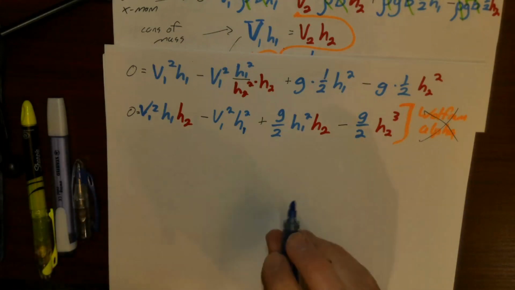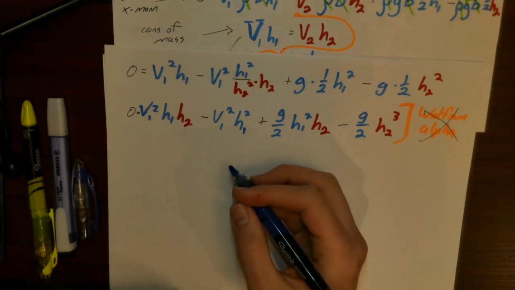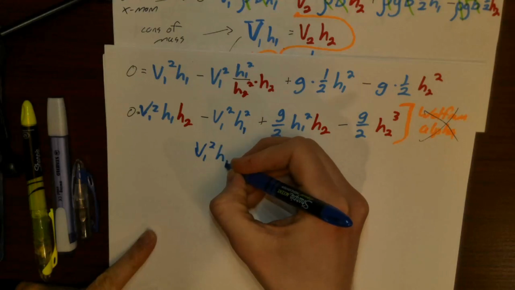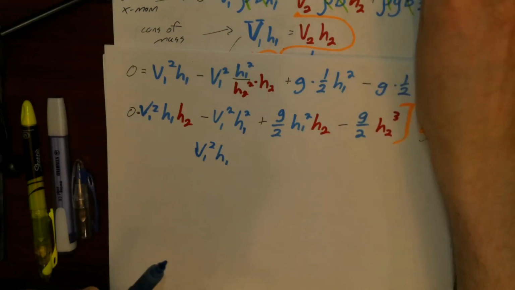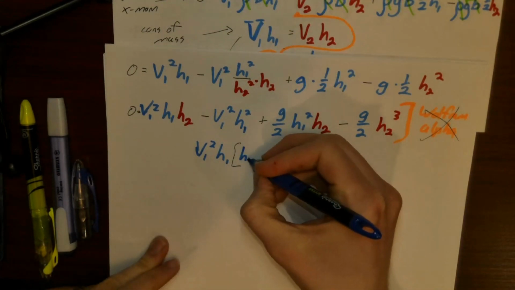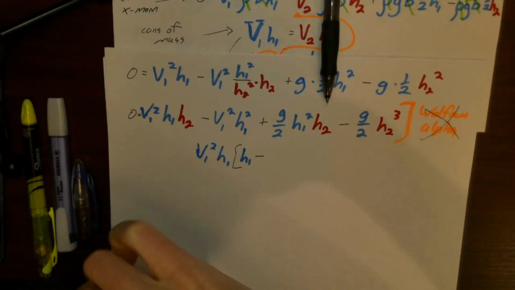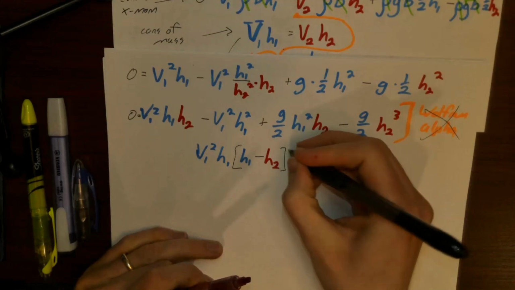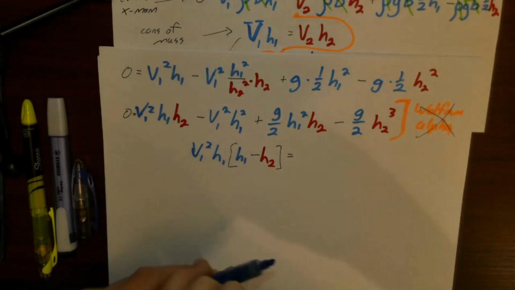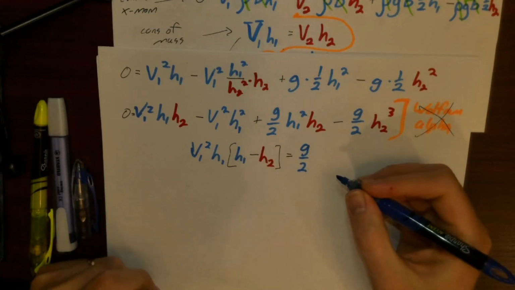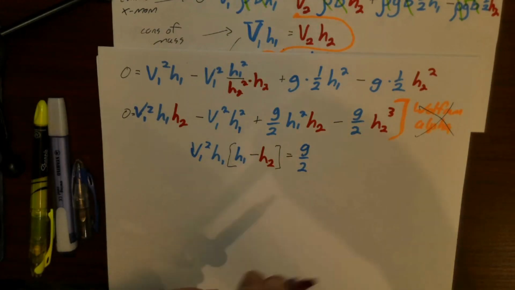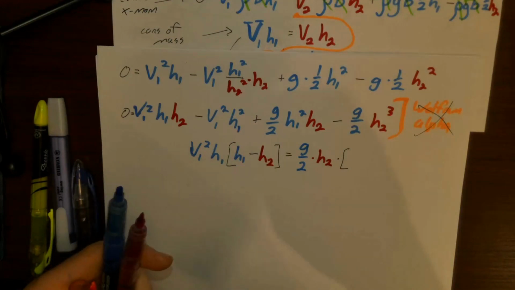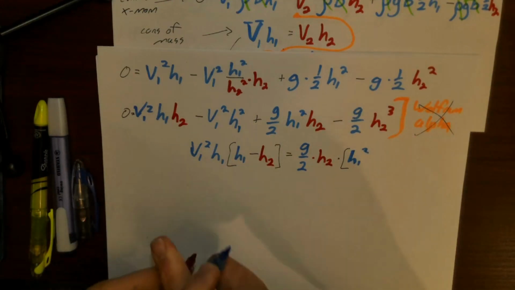And if you do a little bit of that and bring some stuff over to the other side of the equation, you end up with V1 squared H1 times (H1 minus H2) on the left-hand side, equal to, on the right-hand side, G over 2 times H2 times this quantity, H1 squared minus H2 squared.